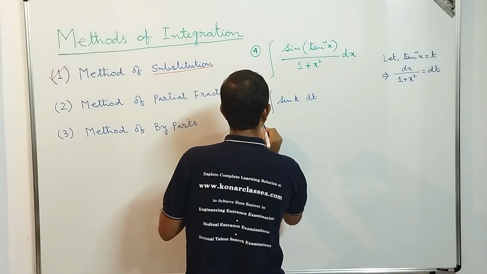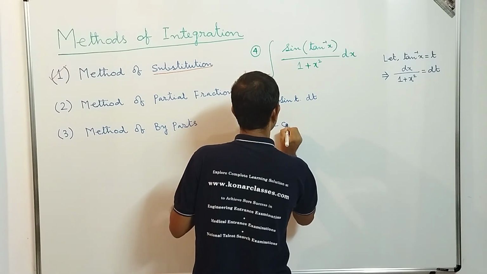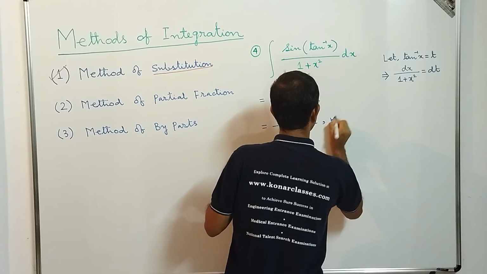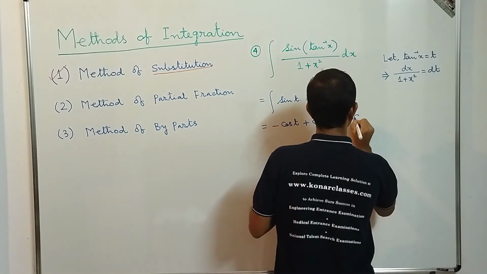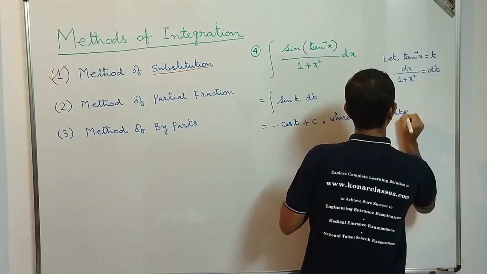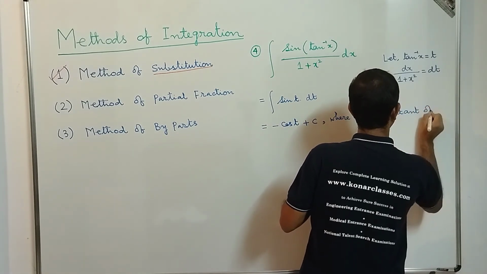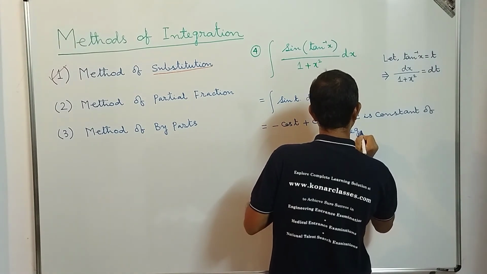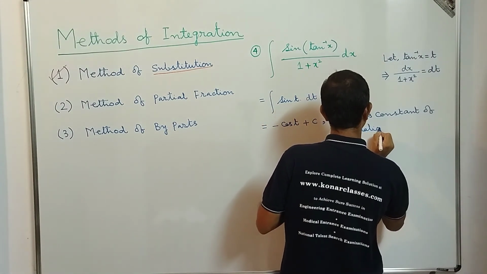Sin t dt, you know that is equal to minus cos t plus c, where c is constant of integration.